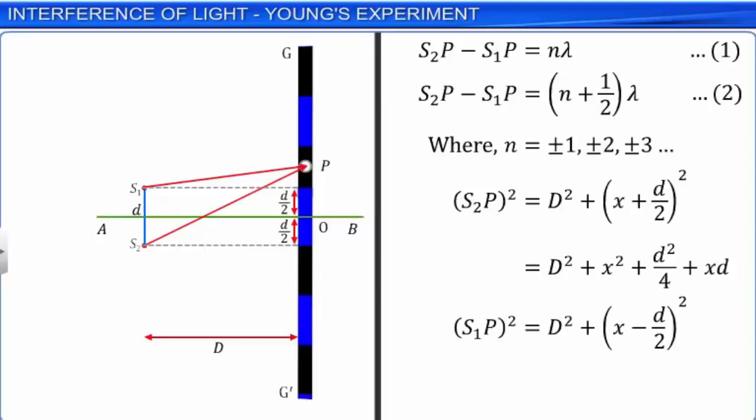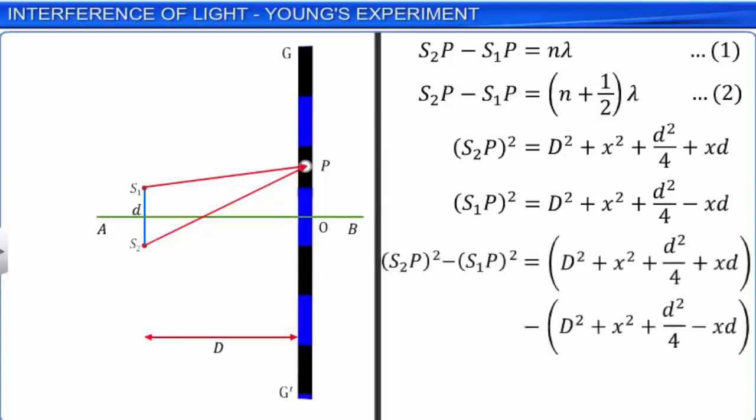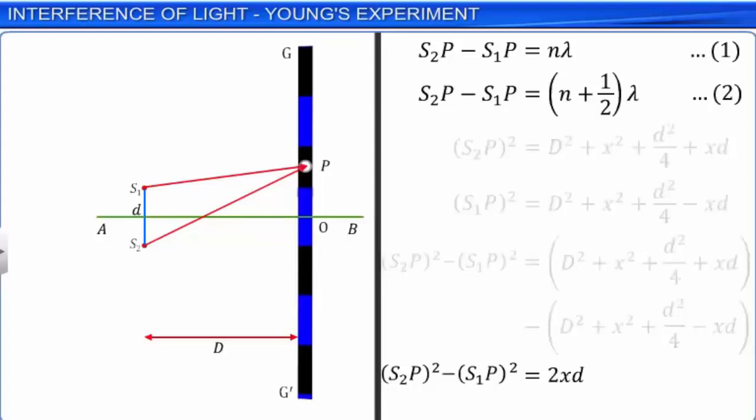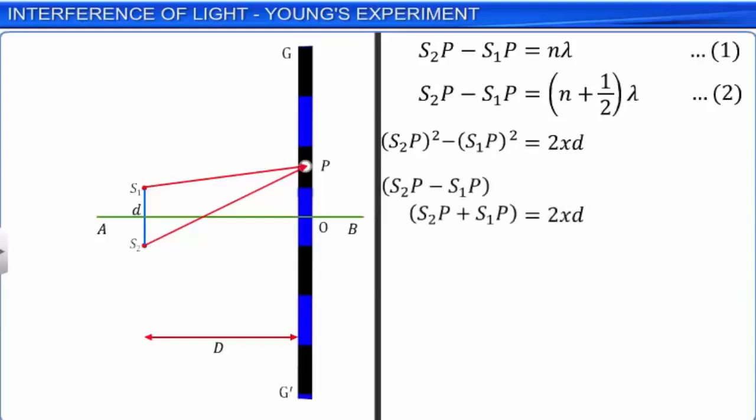This is equal to D square plus x square plus d square by 4 minus xd. Therefore, S2P square minus S1P square is equal to 2xd. This equation can also be written as S2P minus S1P is equal to 2xd by (S2P plus S1P).